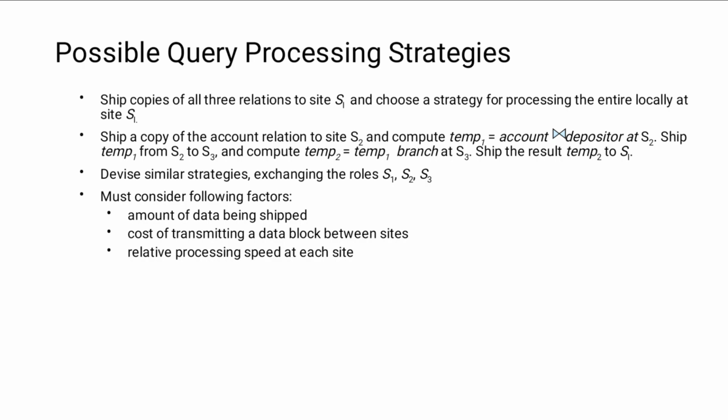Likewise, the strategies can be developed. Using this, we also consider factors such as how much data must be shipped, the cost of transmitting a data block between sites, and the relative processing speed at each site. These all have to be considered, and if these are satisfied, we can transfer.